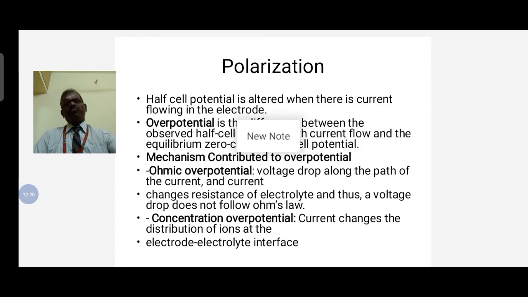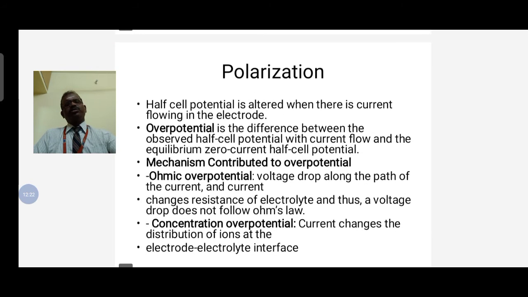Next one is polarization. How is the half-cell potential altered when there is a current flow in the electrodes?